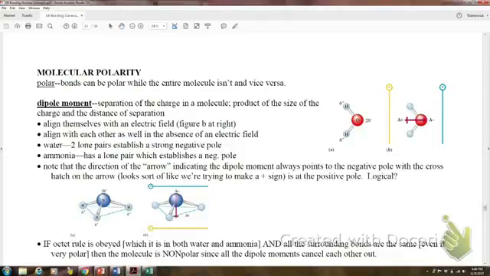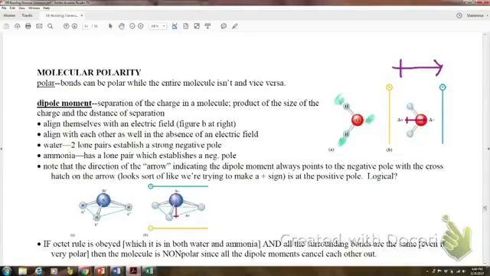So we get these slightly positives and slightly negatives that show that our molecule is not sharing equally. So we draw our vector arrow right here, and we always draw from the positive toward the negative. And so this molecule has a slightly positive side and a slightly negative side. And that's called a dipole moment.